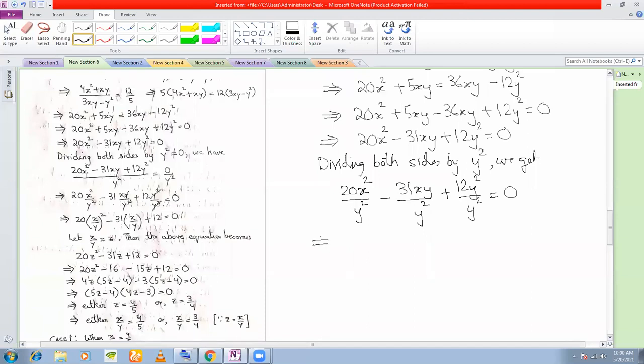Okay, so now here we'll get 20 x²/y². In the next term, minus 31: y here cancels, one power cancels, 31 x by y, plus, here y² and y² cancel, we simply get 12.